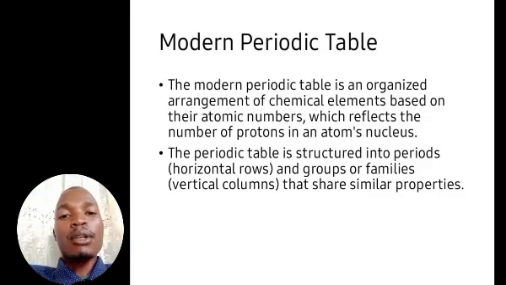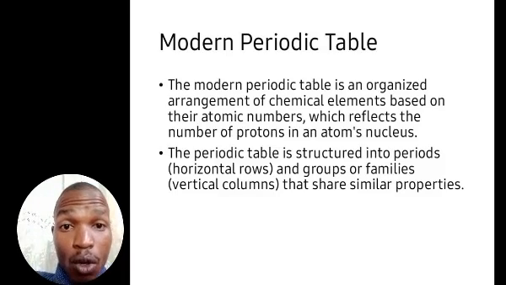You find the element of atomic number 1 is number 1 in the periodic table. The element of atomic number 20 is number 20 in the periodic table, all the way to element number 118 that has an atomic number of 118.